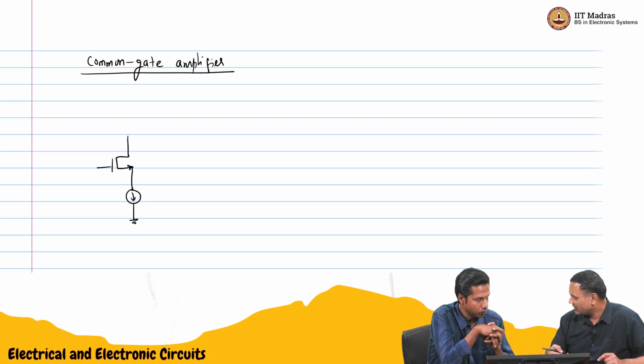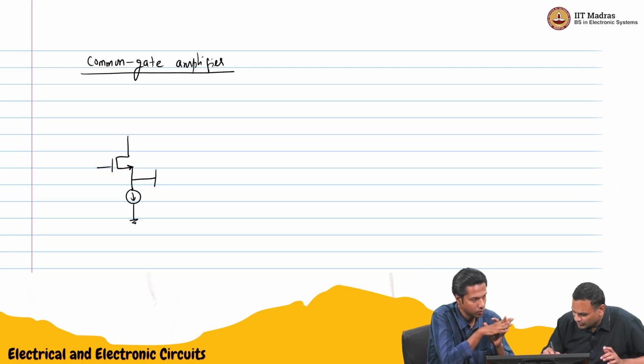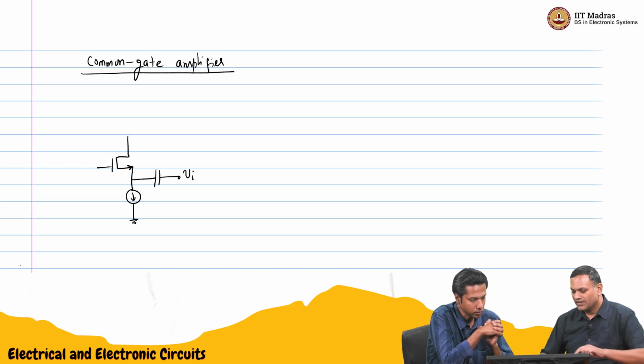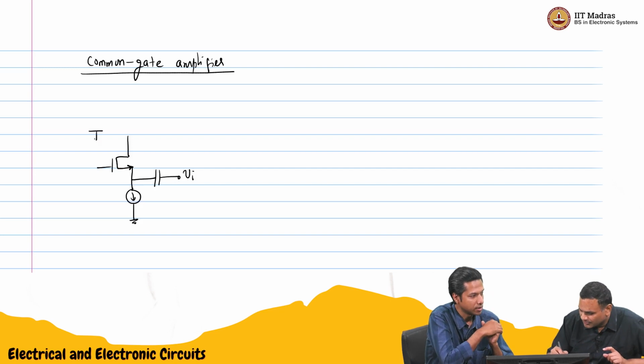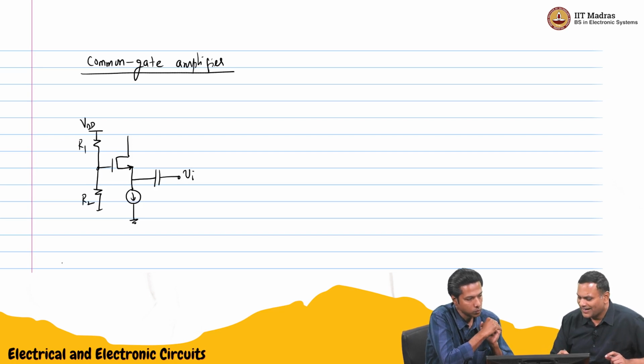And input is coming, and we want to couple it through a capacitor. So we said Vi, and we need to apply a DC voltage using the resistor divider, so some R1 and R2 from VDD, and we may also want a ground for AC.